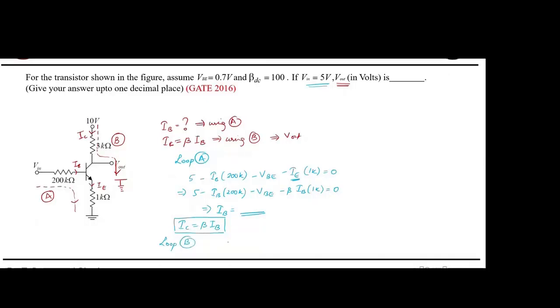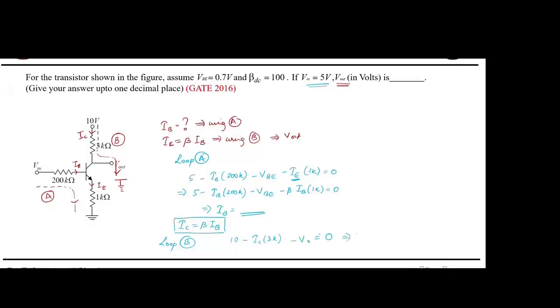Can someone tell me the equation? 10 volt minus 3 kilo ohm into IC, minus Vout. Very good.